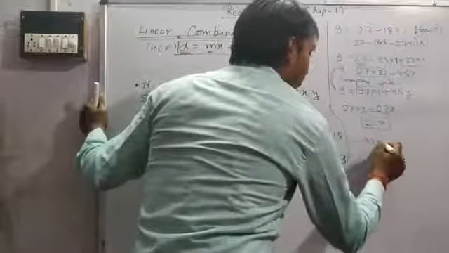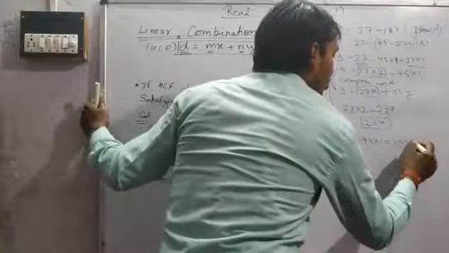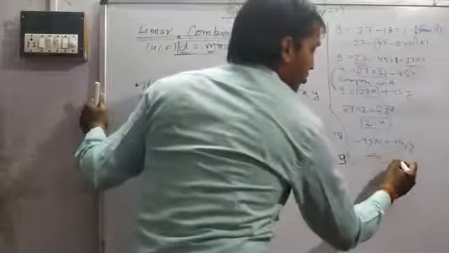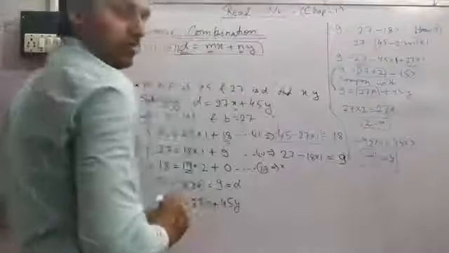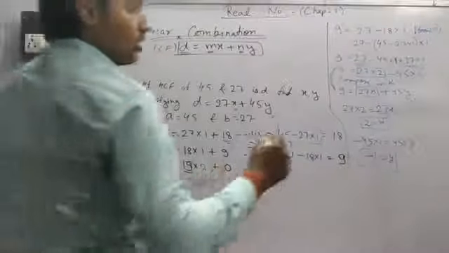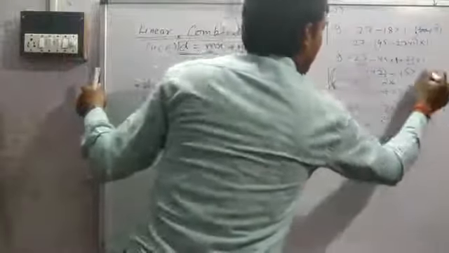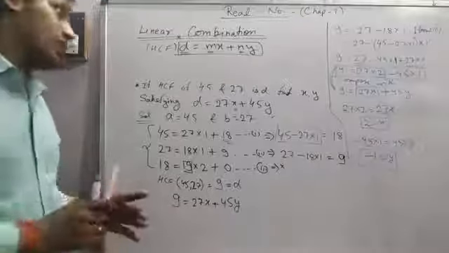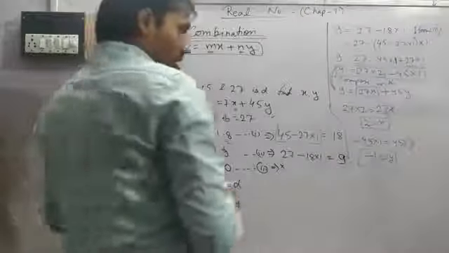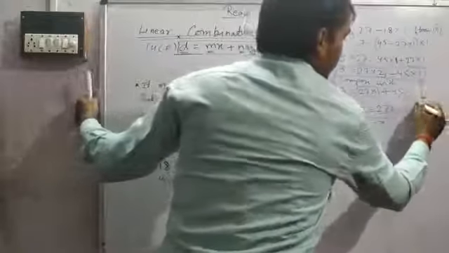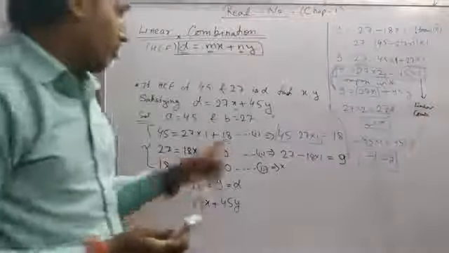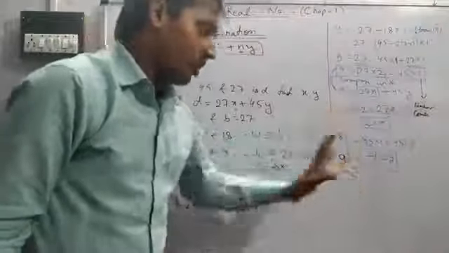Minus 45 into 1 is equal to 45 into y. 45 cancel out. Minus 1 is equal to y. So this is the expression. If the question says only convert into linear combination form, so this is the linear combination. But if the question says find the value of x and y, so you can solve this step.